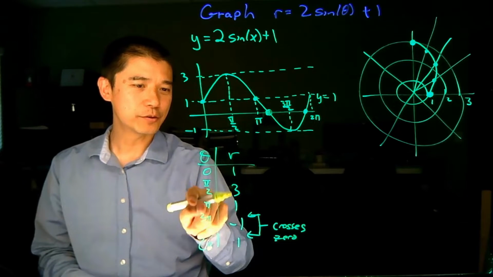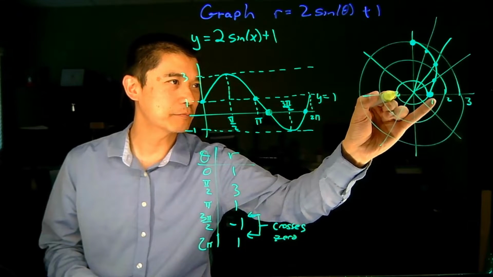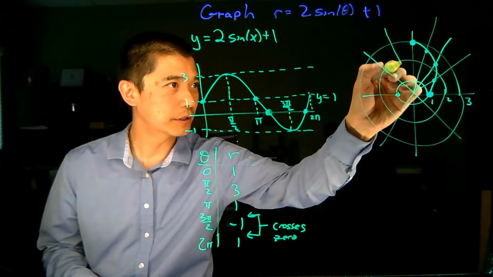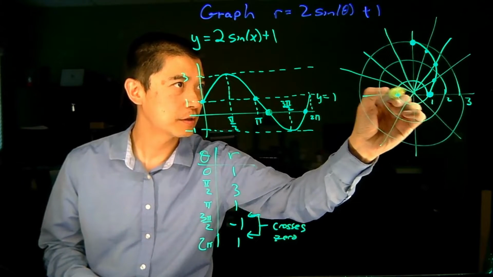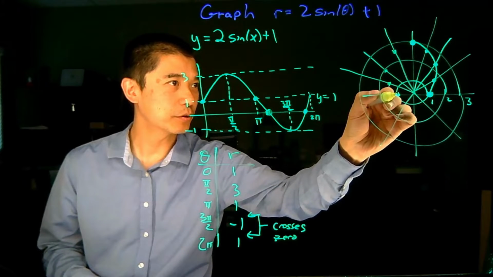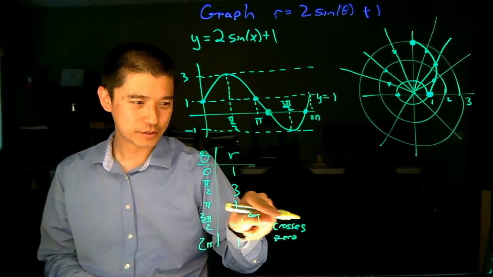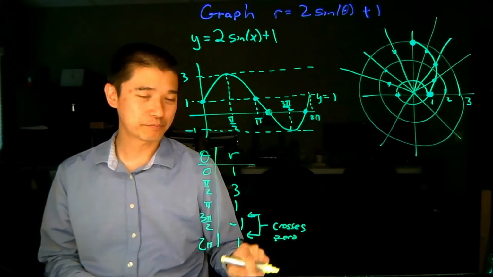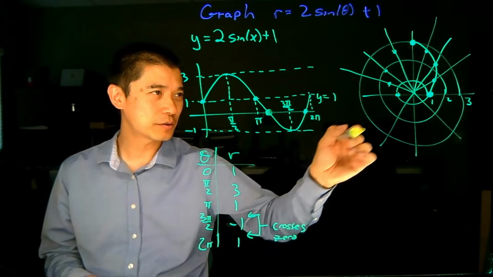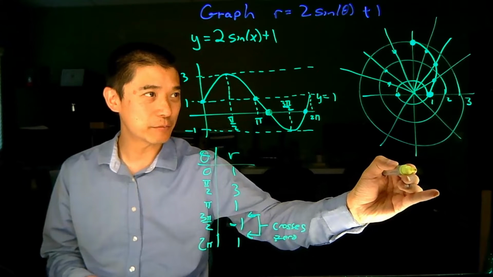From pi over 2 to pi, it's starting at 3, it's working its way down to 1. So again, we'll break this up into a bunch of pieces. It's going to get a little bit shorter, a little bit shorter, a little bit shorter, 1. Now here's where it's going to get interesting. Somewhere we're going to cross over to 0. We don't know exactly where, but the thing that's going to happen when we get to 3 pi over 2 is that we're at negative 1.